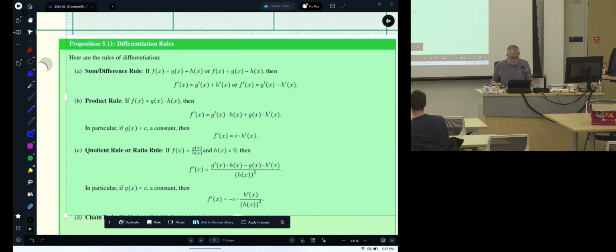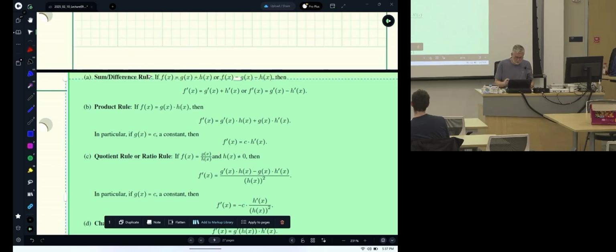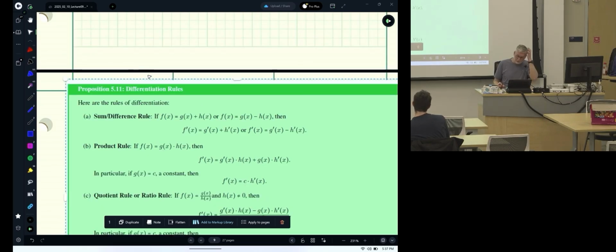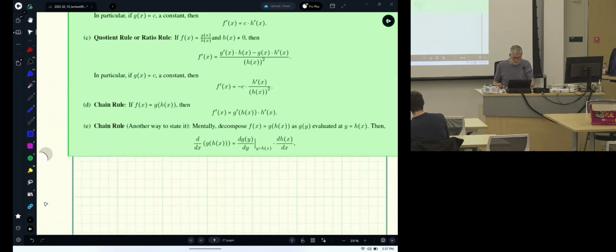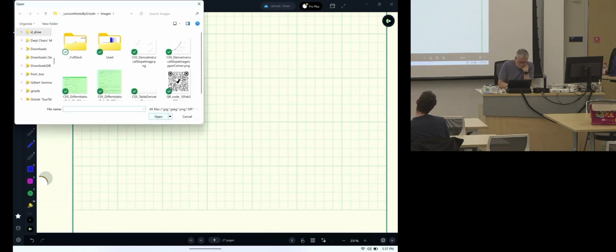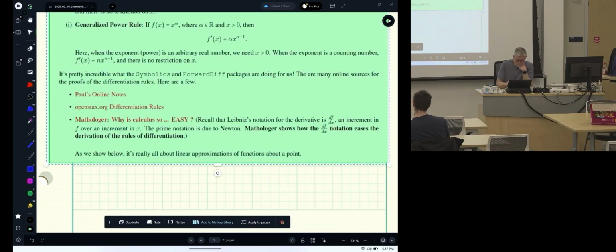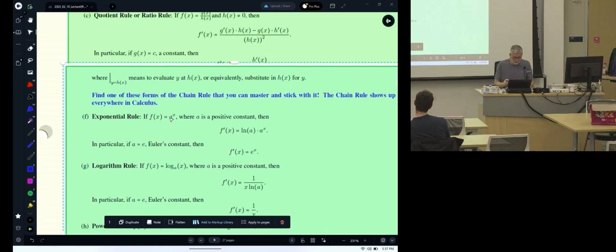So differentiation rules exist so that you can use our little small table of functions and then calculate derivatives of much more complicated functions. So all these are in the textbook. I'll just put them in the notes.